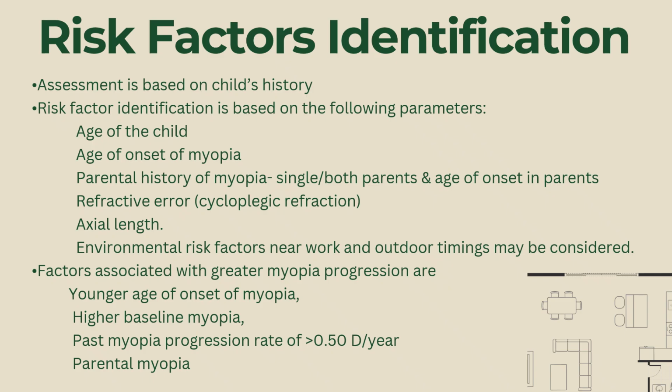So these are grossly the risk factor identification, where you can tell that this particular patient will progress and may progress definitely, and you can tell the patient that they have to come back after 3 to 4 months rather than after 6 months, just to know whether this patient is progressing or not.